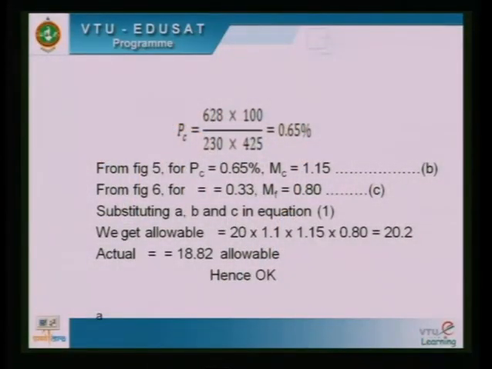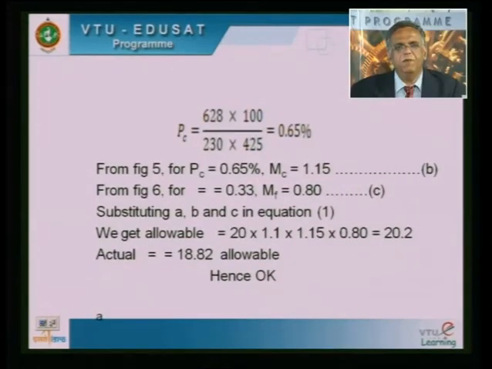Next, let us calculate the value of PC. You know the value of ASC. As usual, by using the same formula, ASC into 100 divided by B into D, you calculate the value of PC. Refer to figure 5 to get the value of MC, which in this case has come to 1.15.